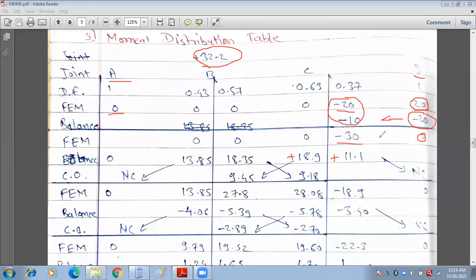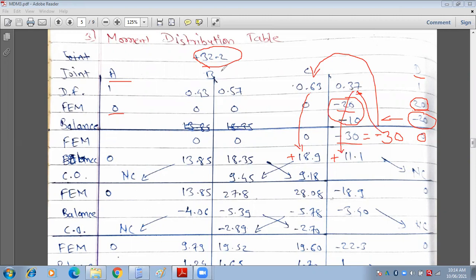This minus 30 difference you have to multiply with the distribution factor, and write down this moment over here.